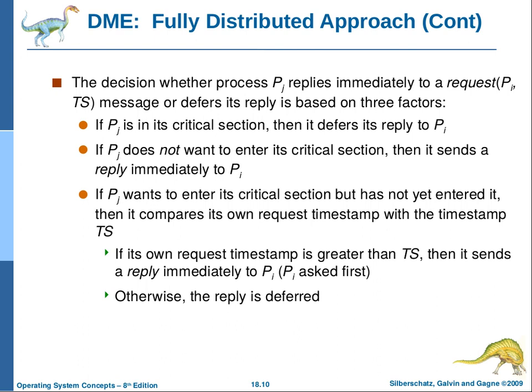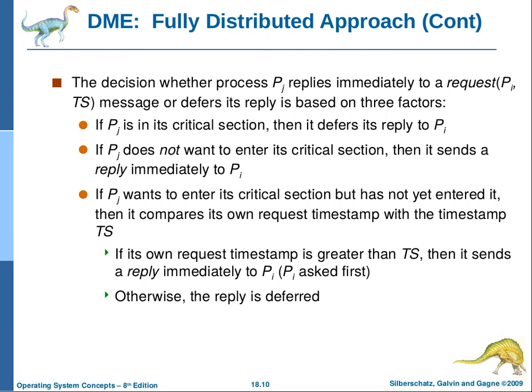The decision whether process PJ replies immediately to a request: if it's in the critical section, it defers, obviously. If PJ does not want to enter its critical section, then it sends a reply immediately. If it wants to enter its critical section but has not entered it yet, then it compares its own request timestamp to the other timestamp. If its own timestamp is greater than the other one, it sends a reply immediately. That's another section we haven't talked about.